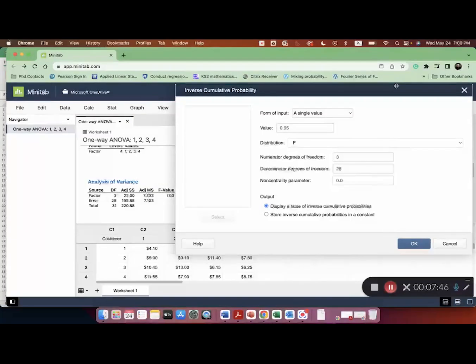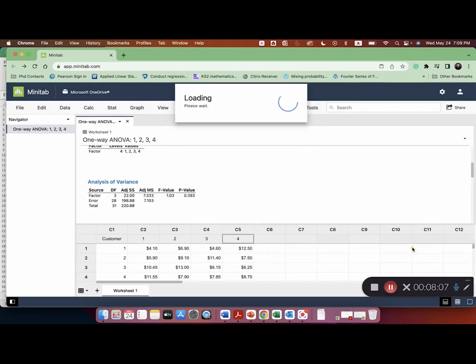How did we get 3 and 28? From here. If you remember, we divide this one over this one to get the F value. What is the degree of freedom of this value? It's 3. What is the degree of freedom of that one? It's 28. So 3, 28, numerator, denominator. Then we do okay.